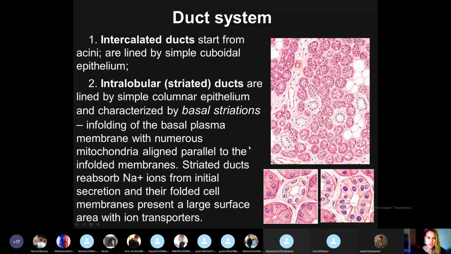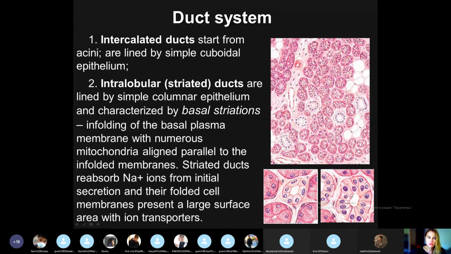So the cells of the intralobular duct are characterized by the basal striations. Now we will see in detail the nature of the basal striation, and due to this, these ducts are called striated ducts. So basically, basal striation is enfolding of the plasma membrane, and in the base of these cells we can find mitochondria arranged parallel to the folded membrane.